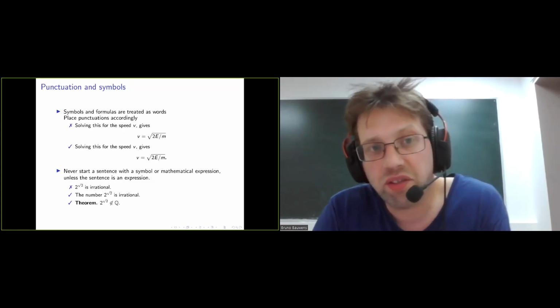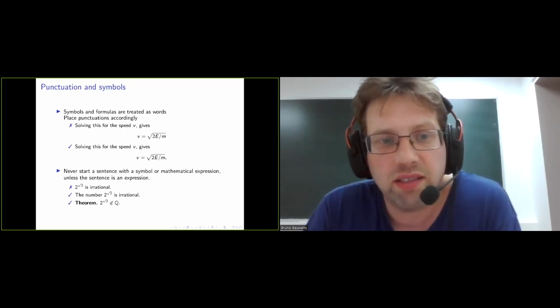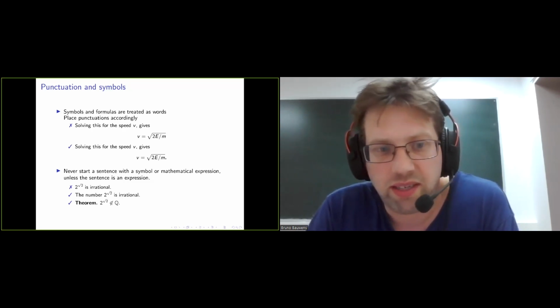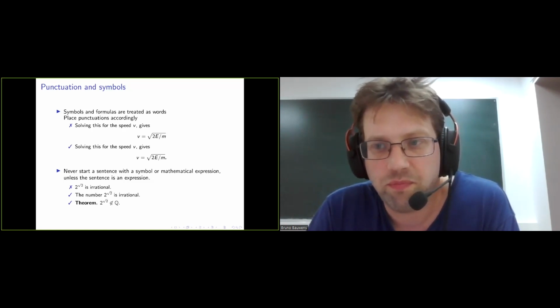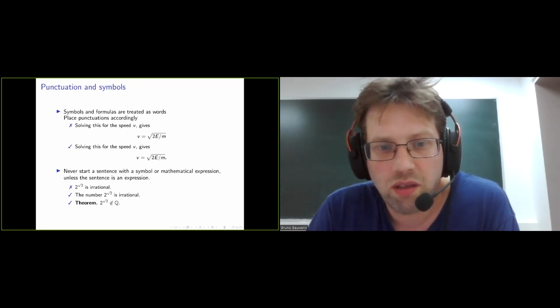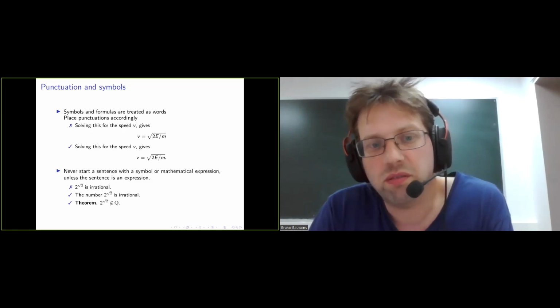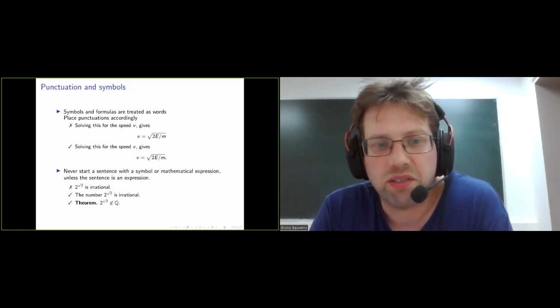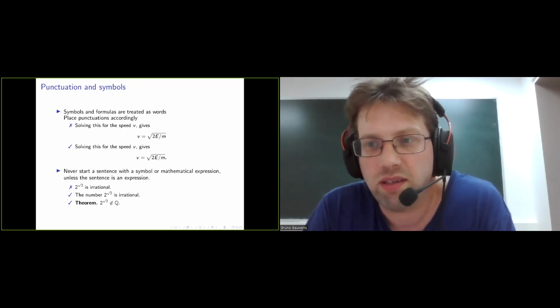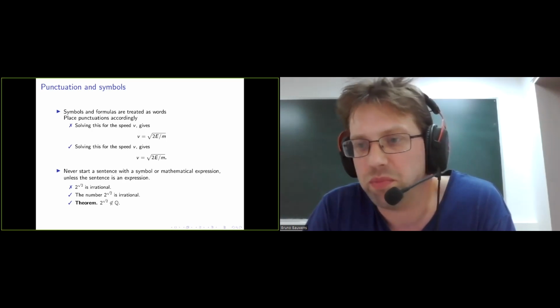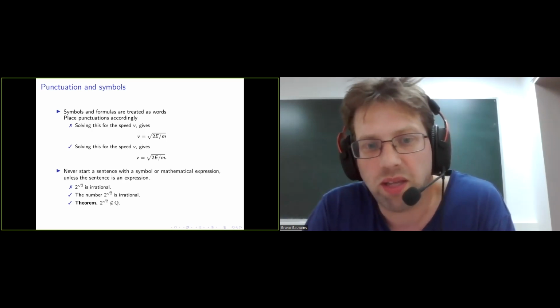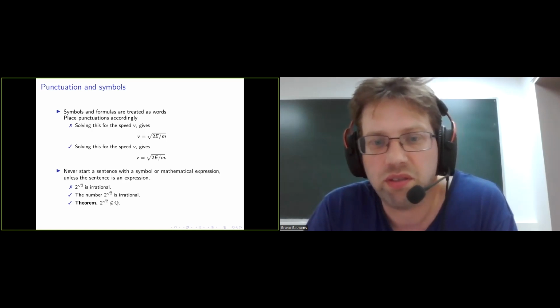The second rule is that you cannot start a sentence with an expression or a symbol. The generic solution is just to repeat the type of the symbol. So, "the value blah blah is irrational," or "the number is irrational."